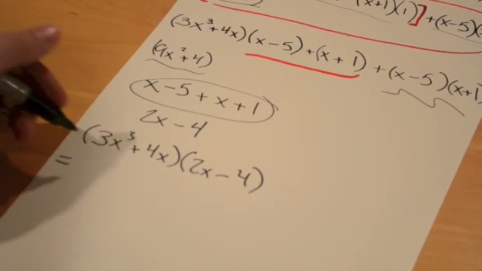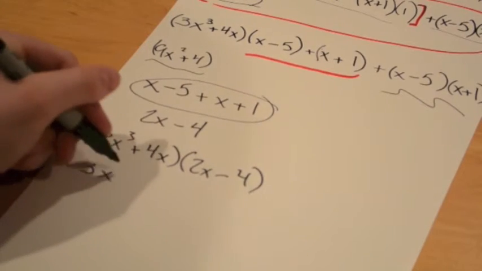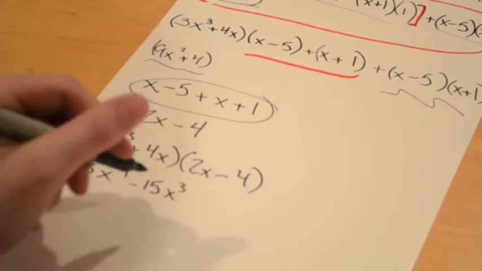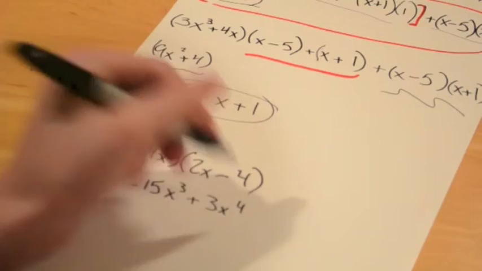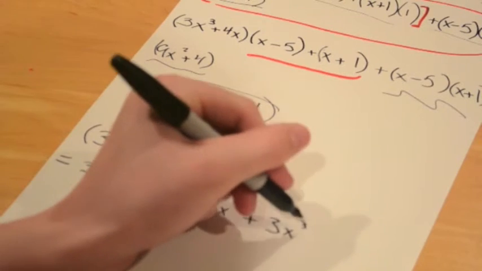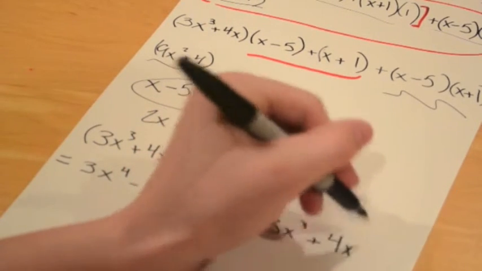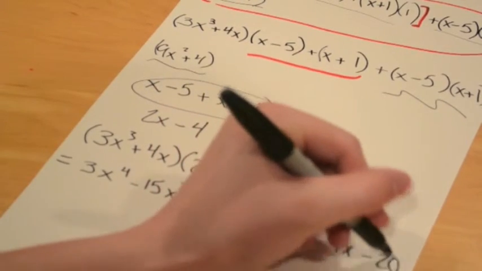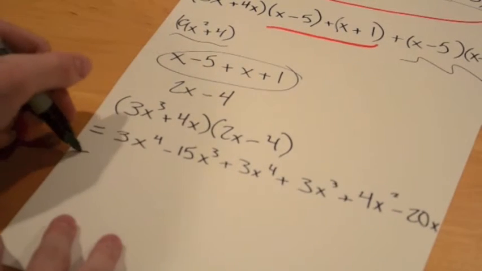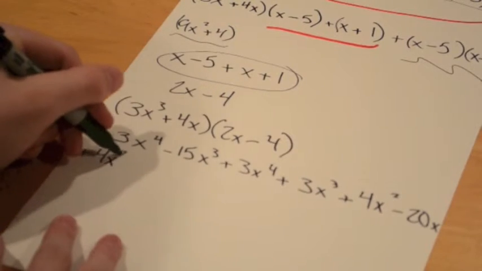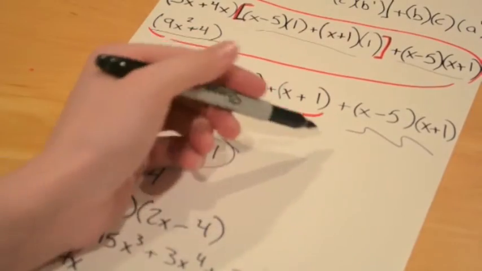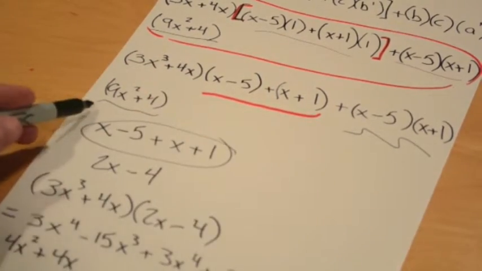it's going to equal 3x to the fourth minus 15x to the third plus 3x to the fourth plus 3x to the third plus 4x squared minus 20x, and then plus 4x squared plus 4x, and then this is where you're going to insert x minus 5, x plus 1, and 9x squared plus 4.